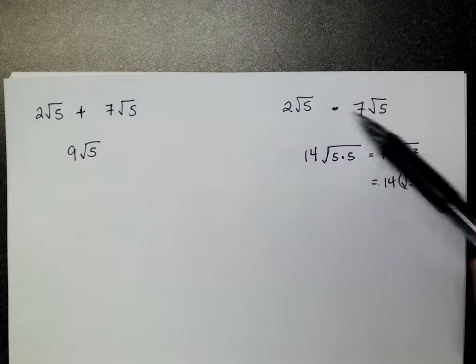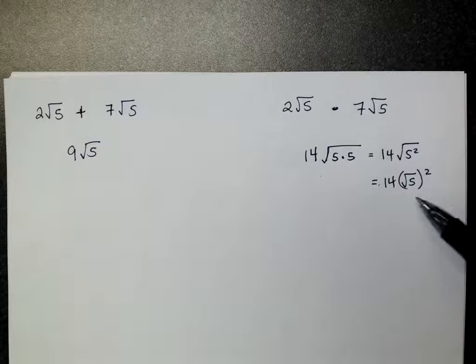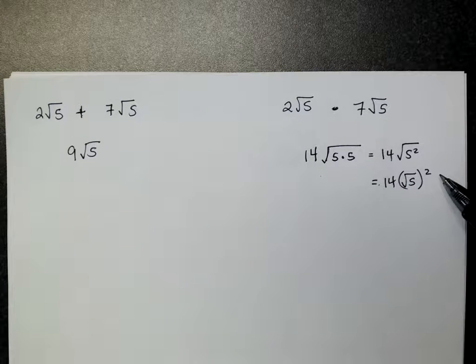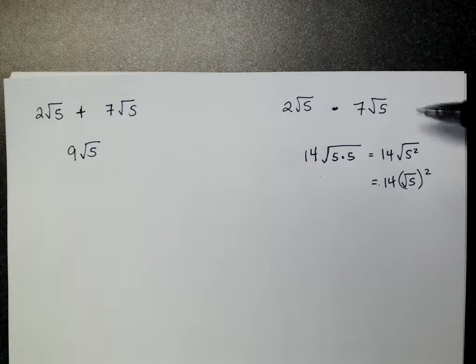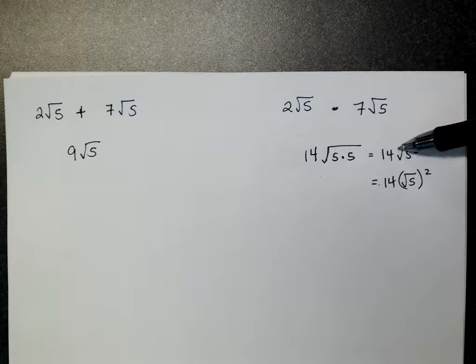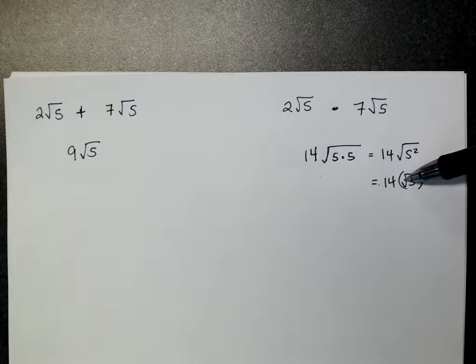Or square root of 5 times square root of 5 is square root of 5 times itself, or square root of 5 squared. Either way, the exponent cancels out the index, whether it's underneath or whether it's on the outside.